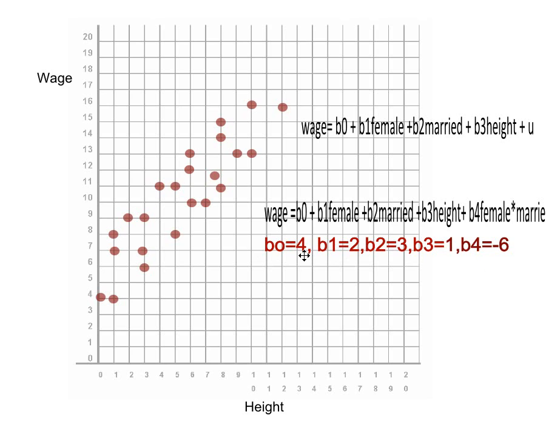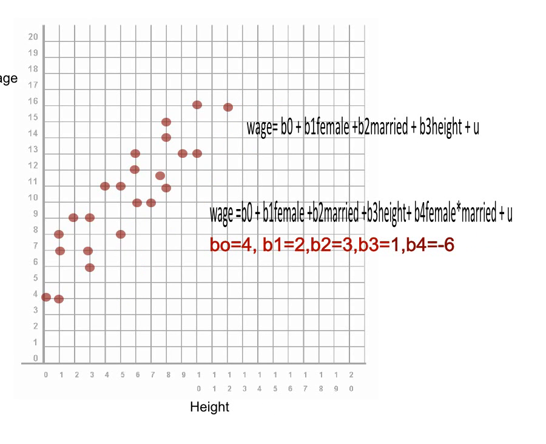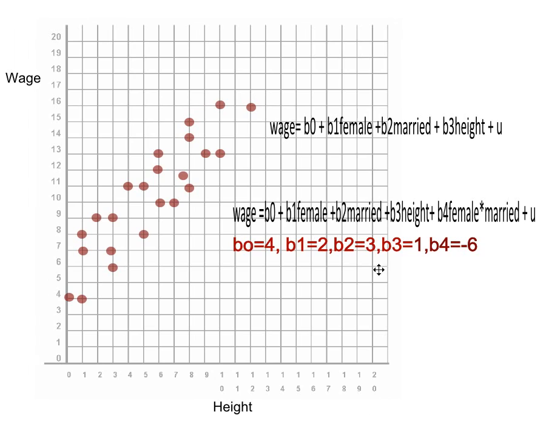When we include a y-intercept, let's suppose that's 4. A dummy variable for female, let's suppose the estimated coefficient for that dummy variable is 2. And a married dummy variable, our estimated coefficient is 3. Our height slope is 1. And our interaction coefficient is -6. Let me slide that over there just a little bit so you can see that a little better.